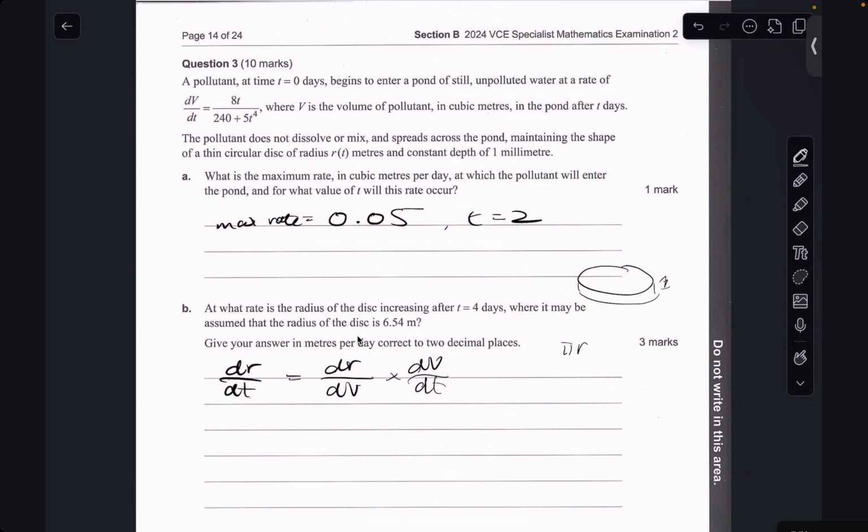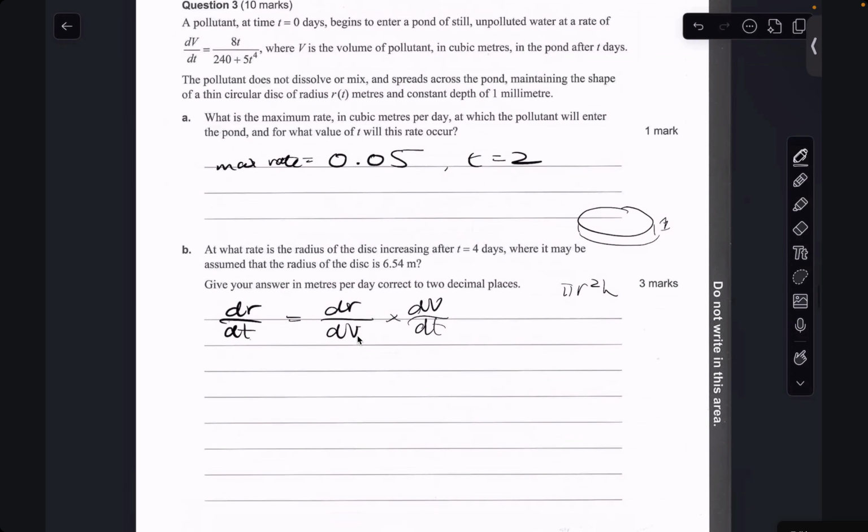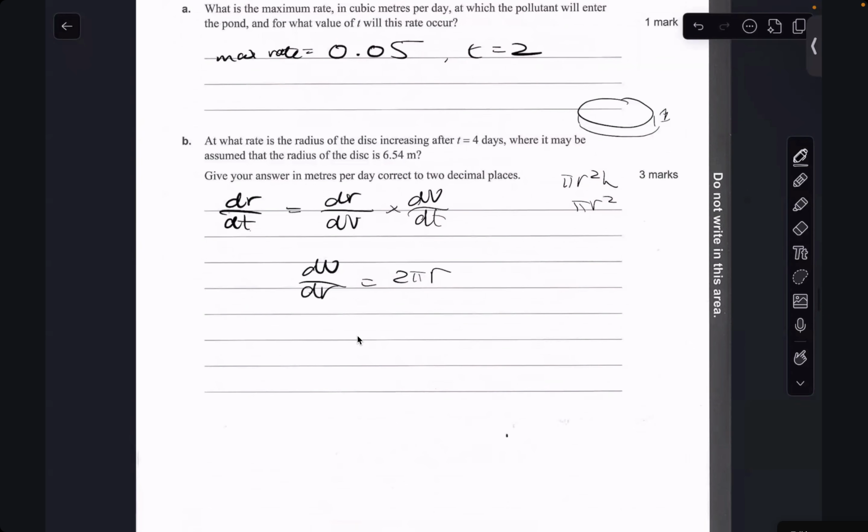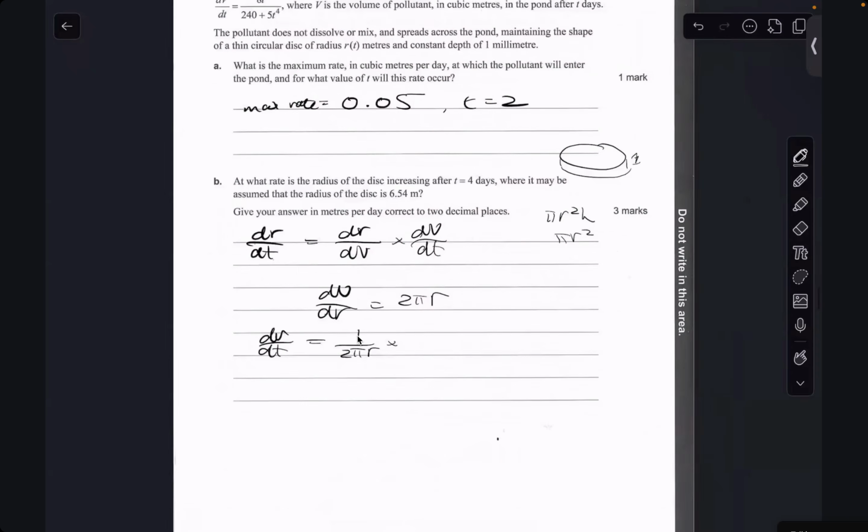So pi r squared h is the volume, and that's just pi r squared. So dV over dr is 2 pi r. And so dr over dt is 1 over 2 pi r times dV dt.